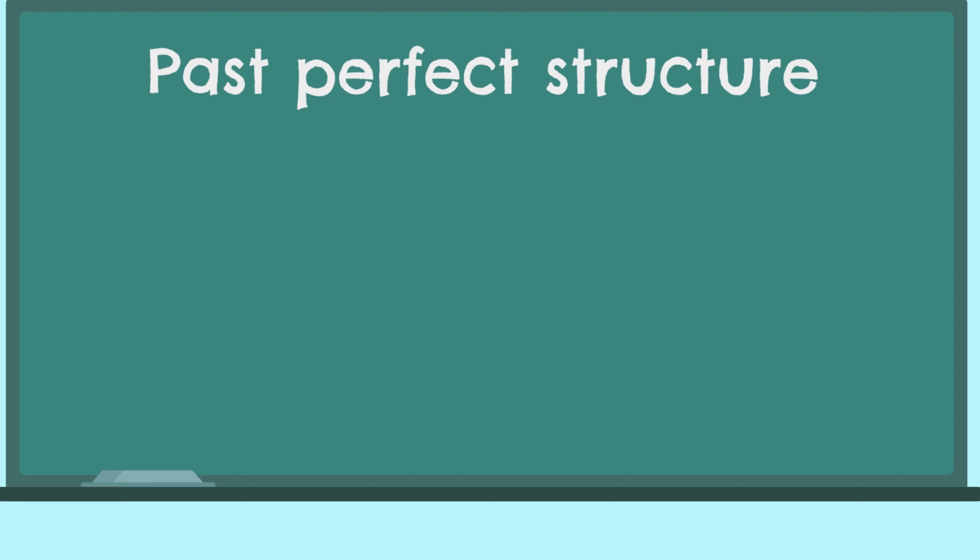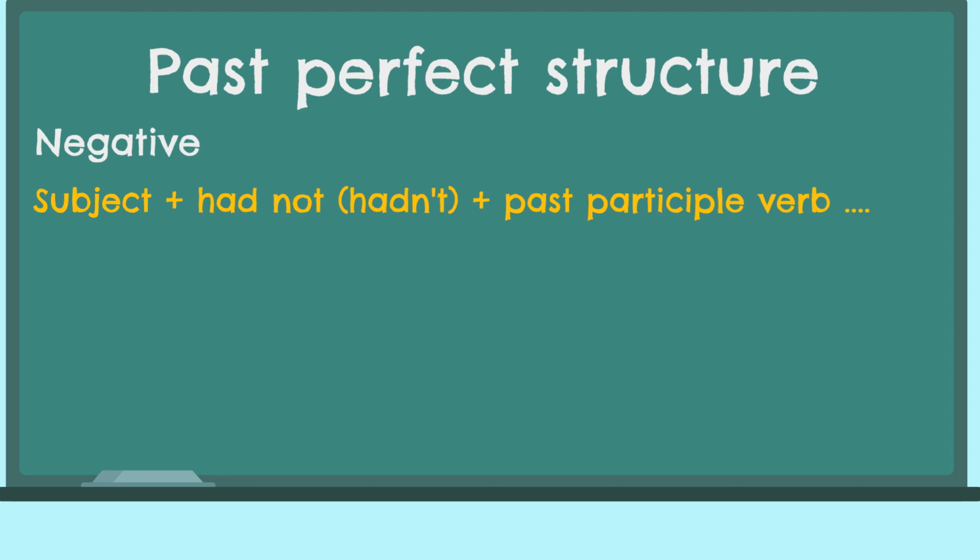Now, let's take a look at the structure of a negative sentence in the past perfect tense. The subject plus had not plus the past participle verb plus the rest of the sentence. Let's look at some examples.